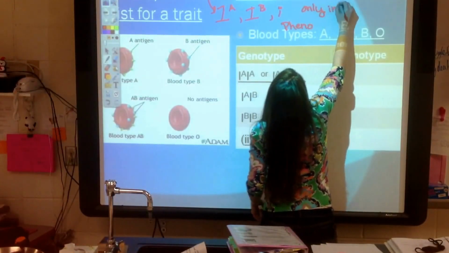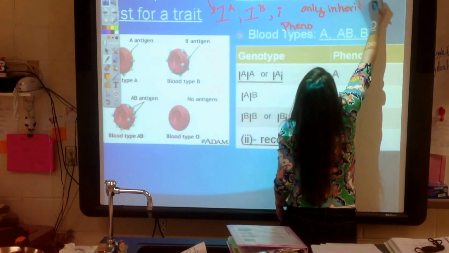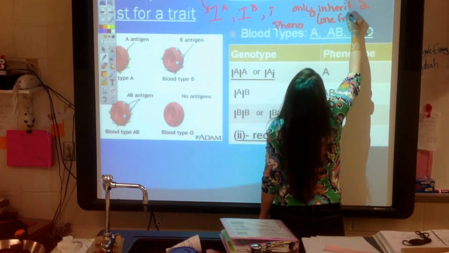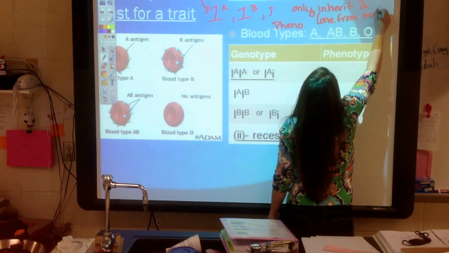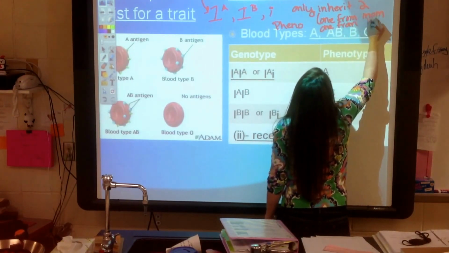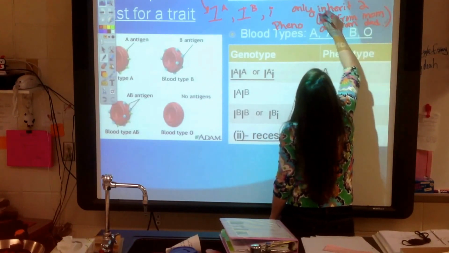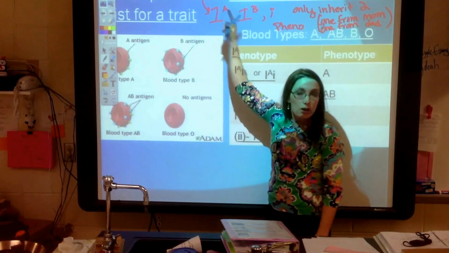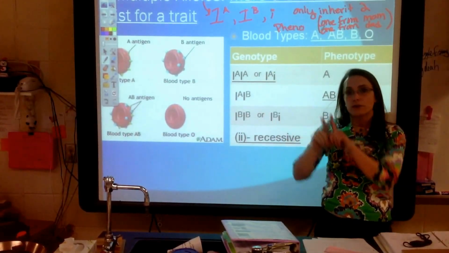However, you only inherit 2 because you still only get 1 from mom and you still only get 1 from dad. So there's 3 forms, IA, IB, and little i, but you only get 1 from mom, 1 from dad.